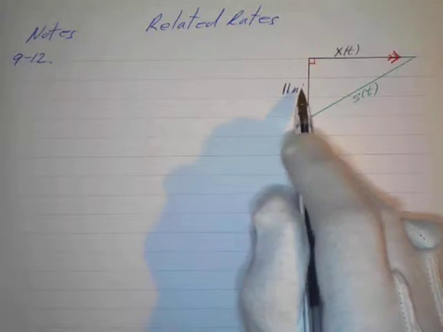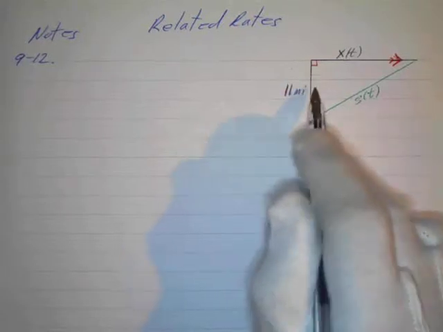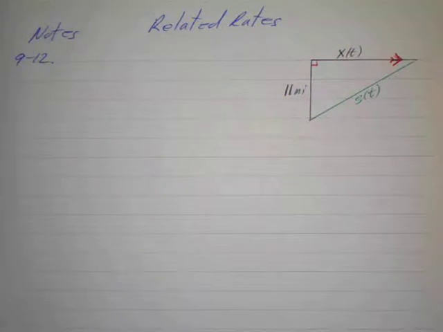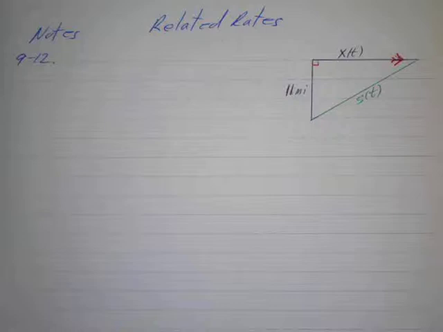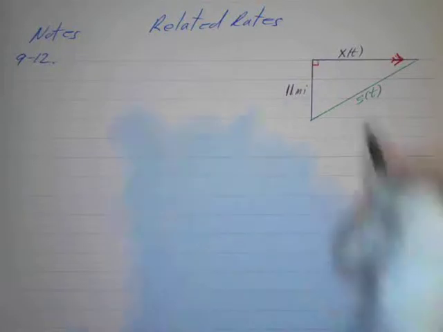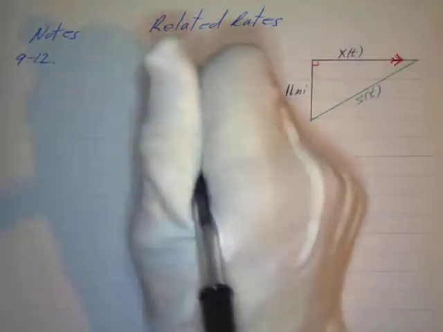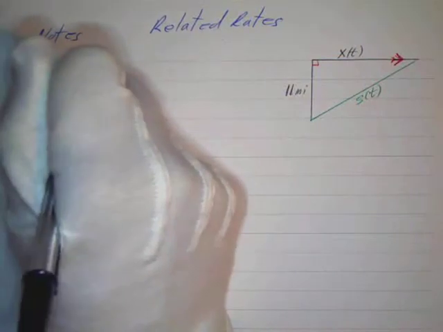Okay, and what information do we have? Well, this is the altitude, 11 miles, so I've got that already in my sketch. When S, the distance between the station and the plane, is 13 miles.